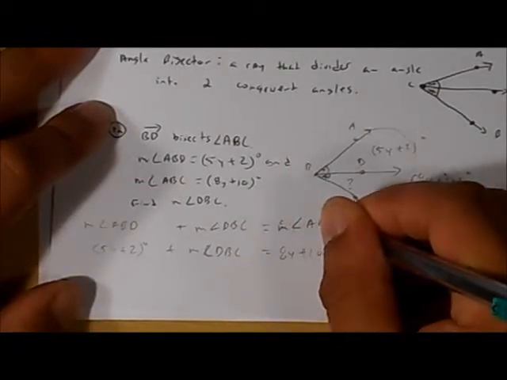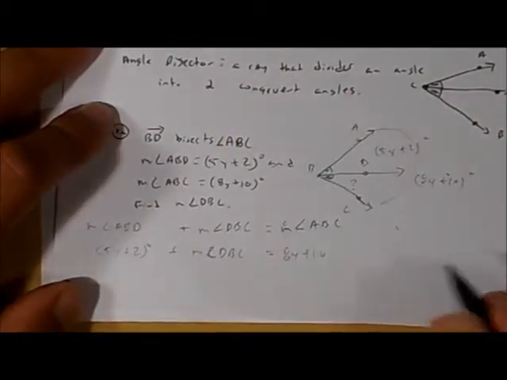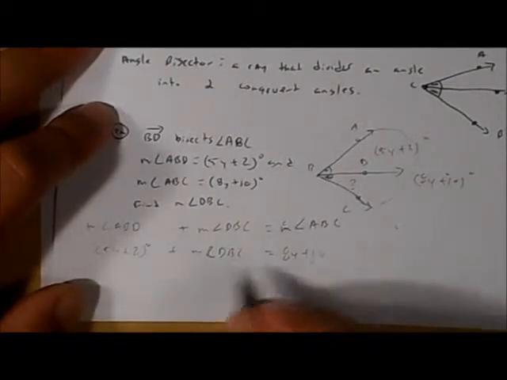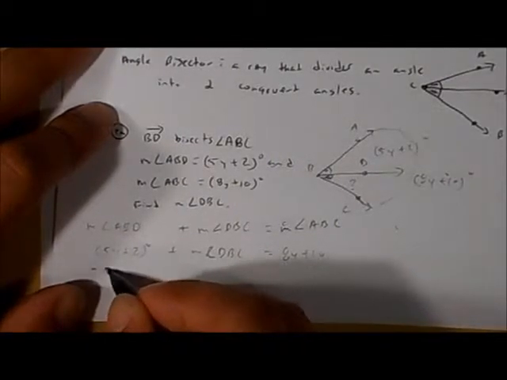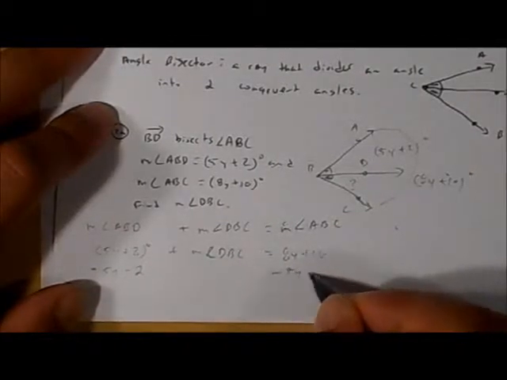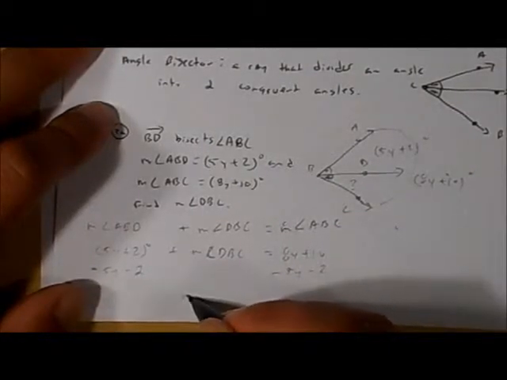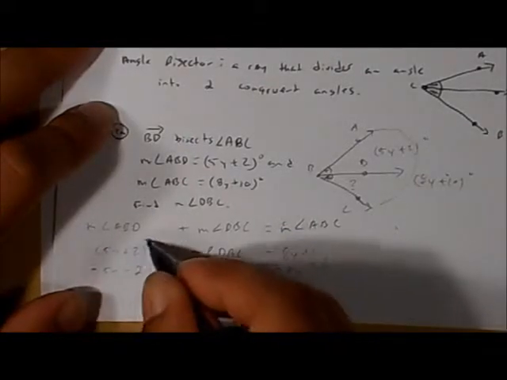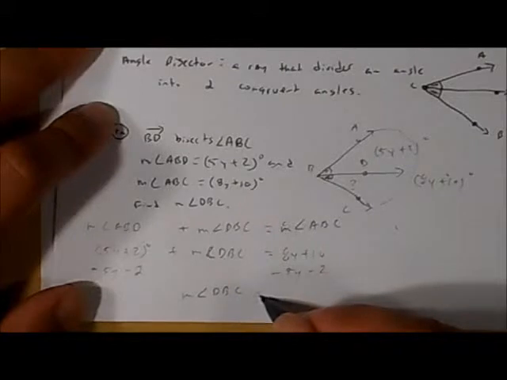Okay, so then let's go ahead and solve for a measure of angle DBC. So minus 5y minus 2, minus 5y minus 2. So over here we're left over with the measure of angle DBC, and everything over here gets canceled.